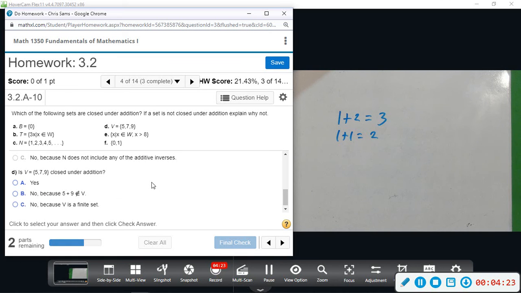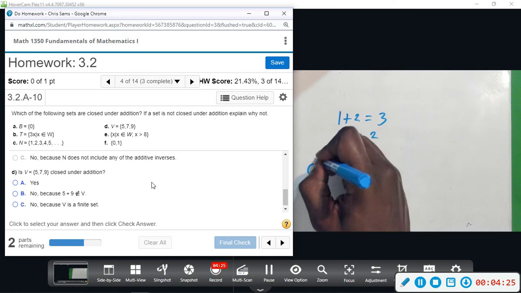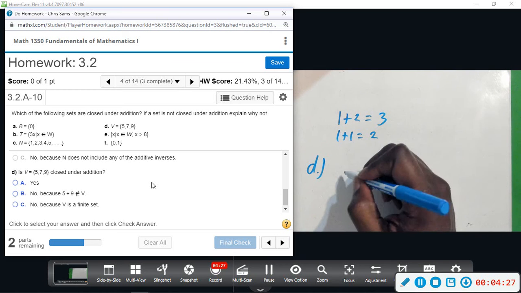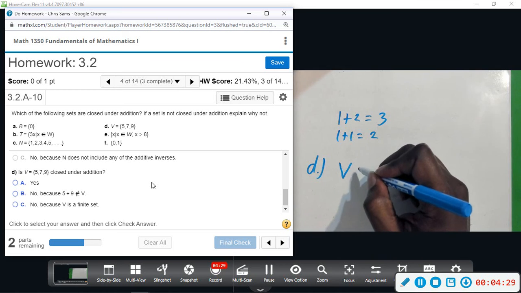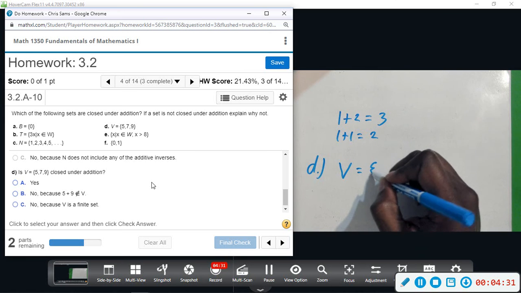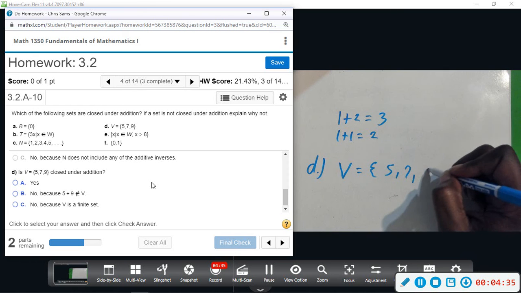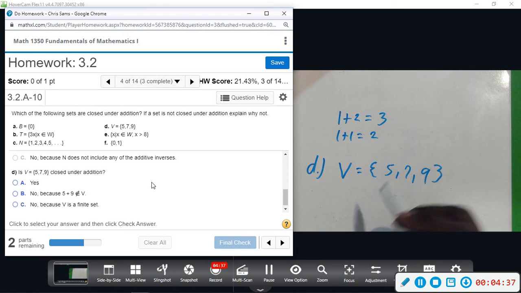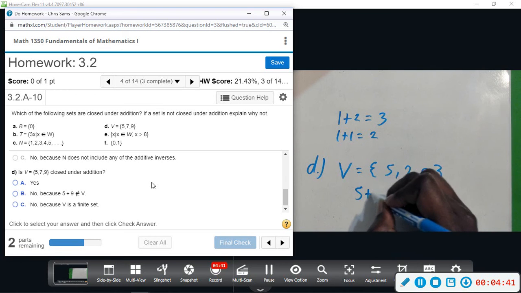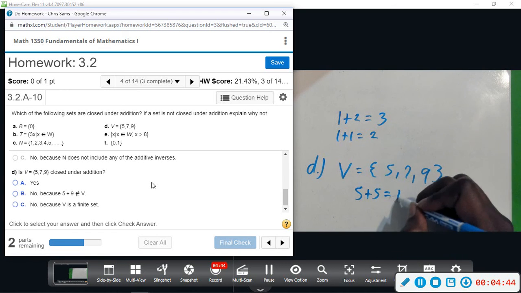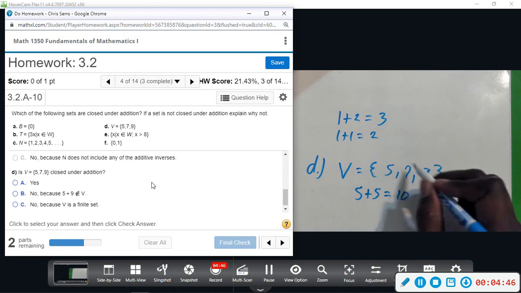Okay, now D is a specific set. It is the set of numbers 5, 7, and 9. If I take any two numbers, let's just take 5. If I add 5 to itself, I get 10. 10 is not in this set.